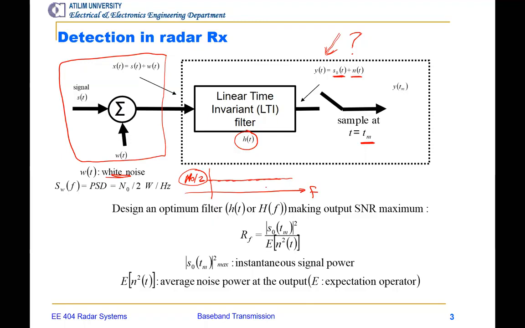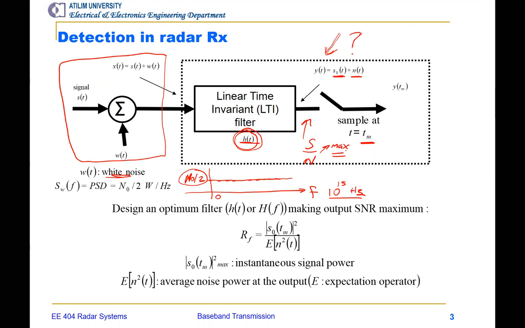Here, white refers to the fact that the noise has equal power over all frequencies, typically from 0 hertz to some 10 to the 15 hertz, which covers radar operational bands. Now, we'd like to design a filter whose impulse response is h of t, such that the SNR at the output of the filter be maximum.